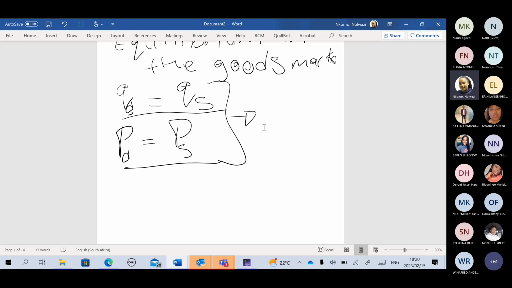When the price the consumers are willing to pay is equal to the price the producer is willing to accept, then we say the market is at equilibrium.